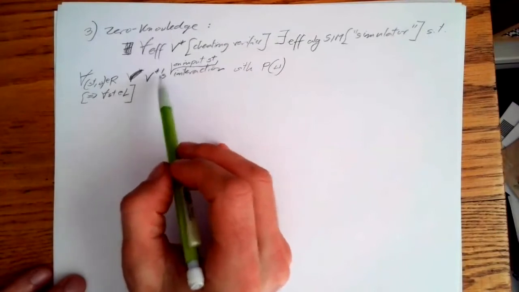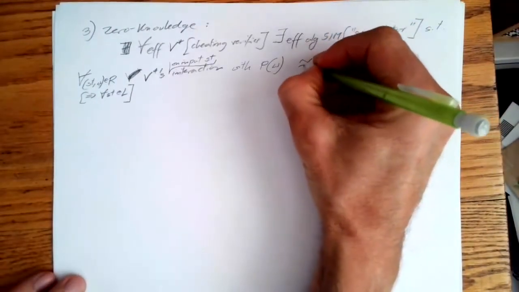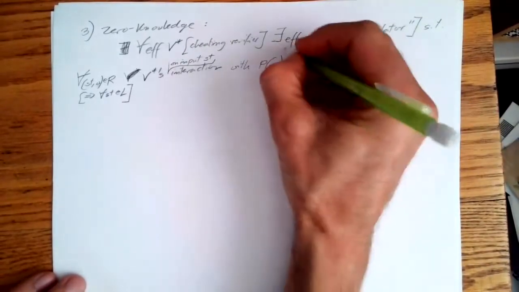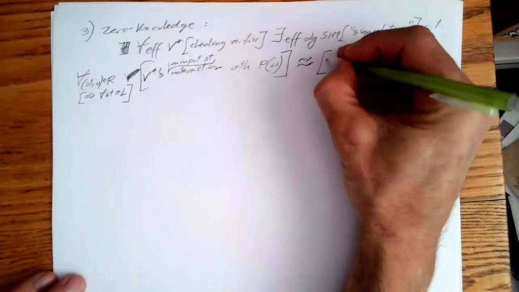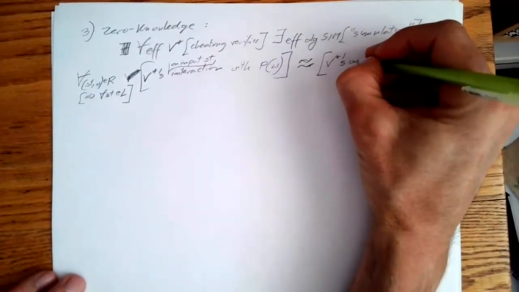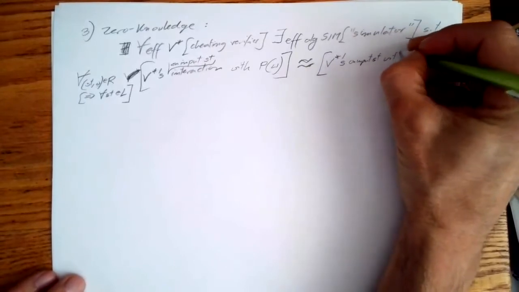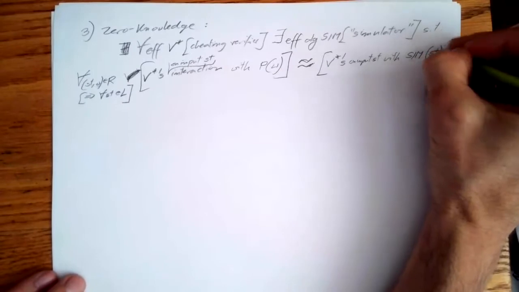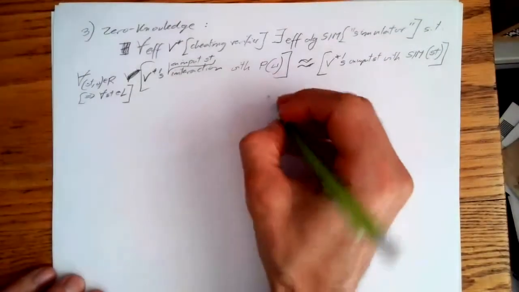The verifier is a cheating verifier and he interacts with an honest prover. And we want to say that this interaction is computationally indistinguishable from an interaction of V star on input the statement with the simulator, whose only input is the statement also. Let's see this pictorially.